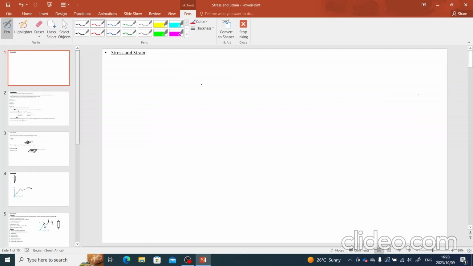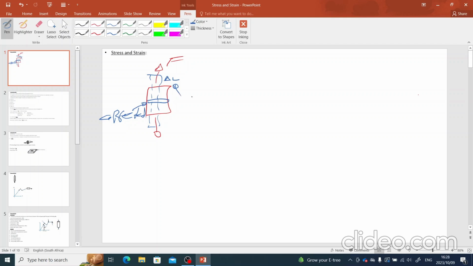Now we said when the force is being applied on this test piece, this test piece will experience the change in length. The cross-sectional area as well will be affected, isn't it? That's what we said. Whether we apply the force tensile or the force compression, there will be a change in length and there will be a change in the cross-sectional area.